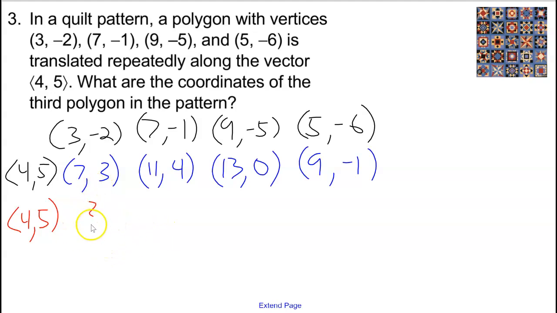So what do you get for the first one here? All right, you should get 11 and 8. All right, what do you get for the next one?